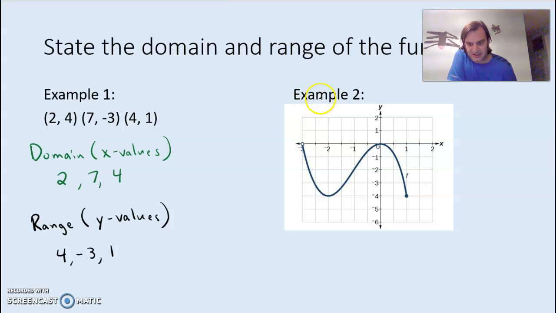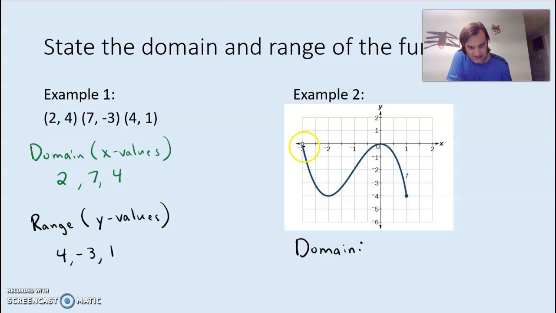The other one over here is a graph. You could try the vertical line test on it and see that it is a function. But what we want to mark here as far as the domain would be the x values that we're using. Since this is not just individual points, it's an interval, so we'll use either interval notation or inequality notation.